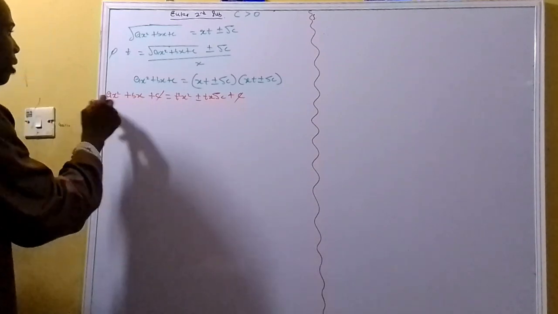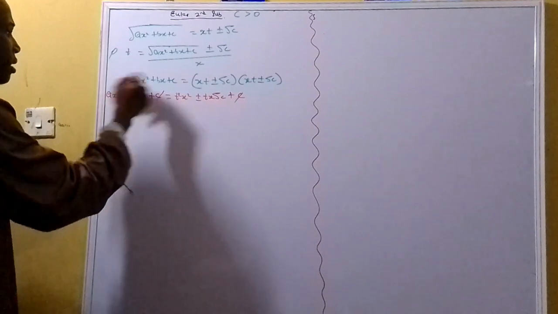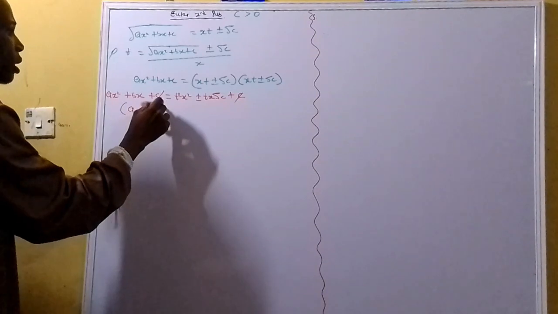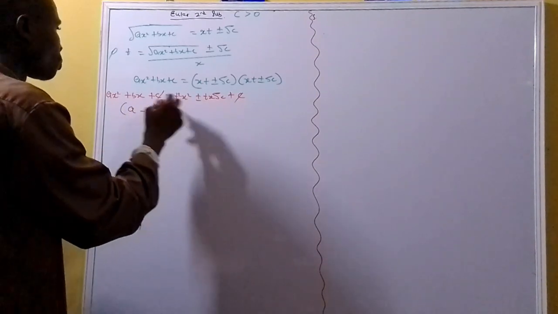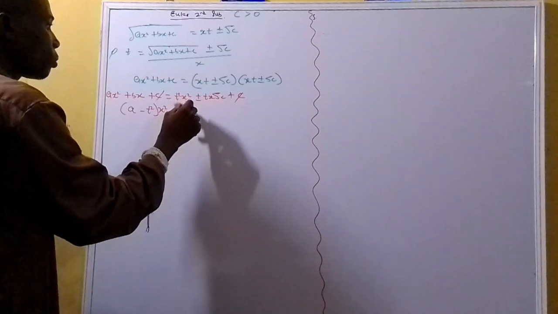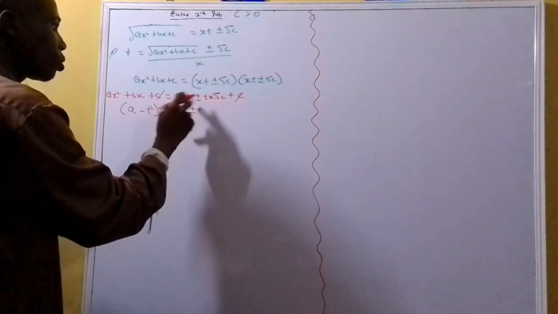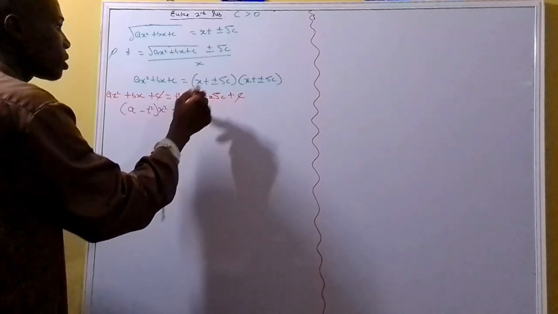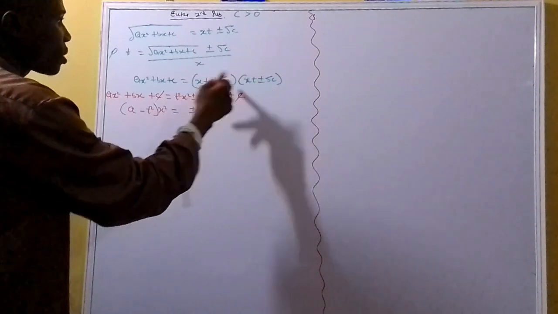Moving on, guys, we are looking for x, so this can easily come back here, and you will have a minus t squared, then x squared simply equals plus or minus 2tx root c, then minus bx. Why is that? This is the first one, this is the second.